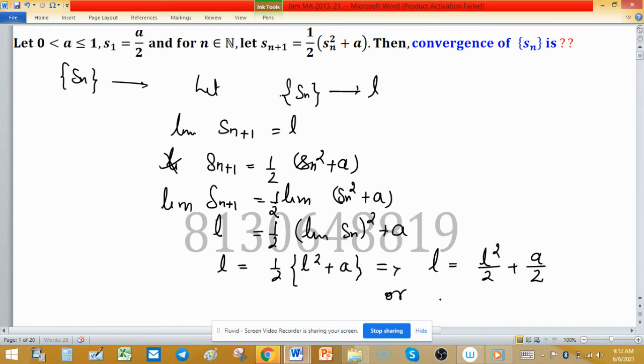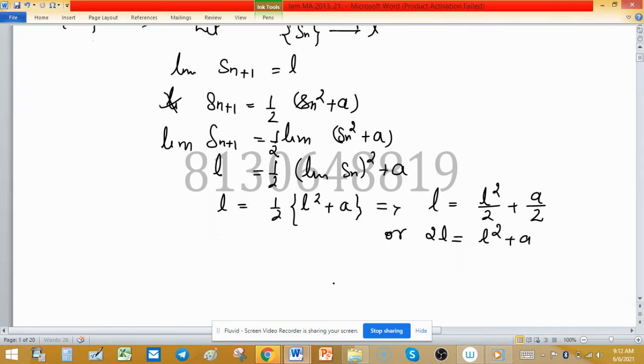or 2L equal to L square plus a. Now this is a quadratic equation, meaning L square minus 2L plus a equal to 0, and using the quadratic formula we can find the roots of this equation.